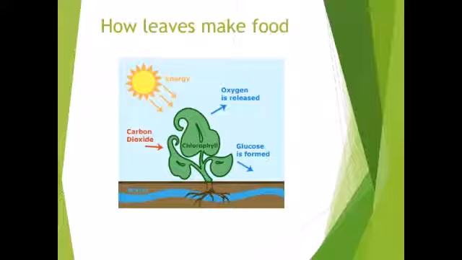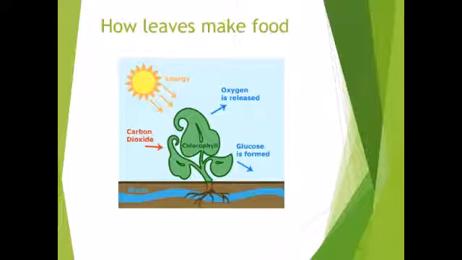Oxygen is released in this process. So in photosynthesis, leaves take in carbon dioxide and water, and with the help of chlorophyll and sunlight, food is prepared in the form of glucose, and after that oxygen is released.